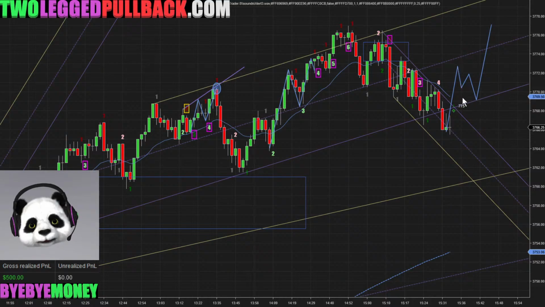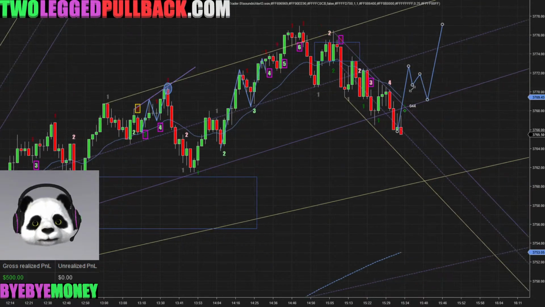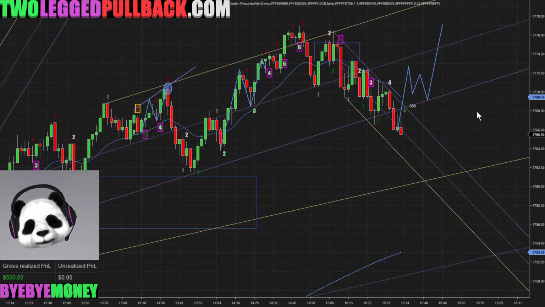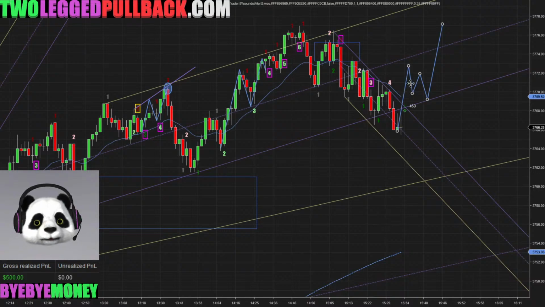And then a higher low, but that higher low is triggered by the two-legged pullback. So this is the setup I'm looking for. It's a lot to ask for, but if you want to see a reversal of the trend, you need a lot of evidence to be confident in that.